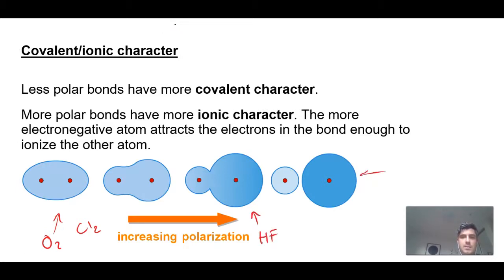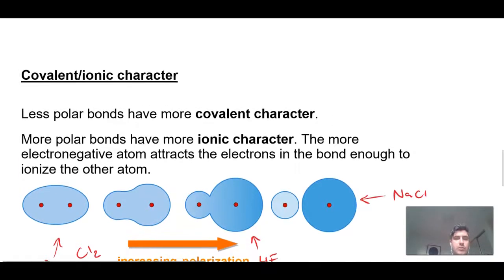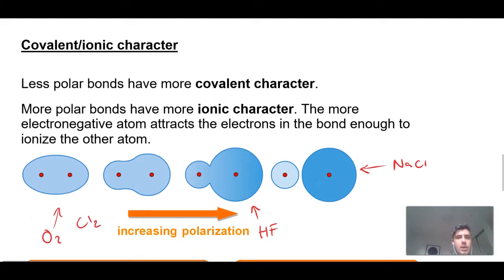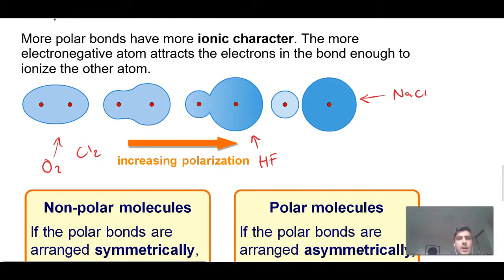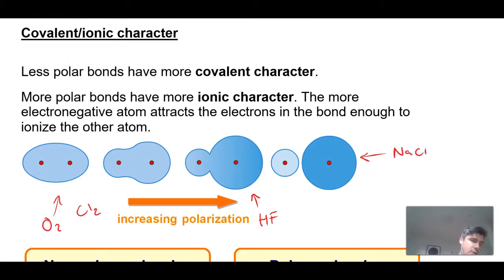And then something which is polar enough to actually ionize itself is something like NaCl, sodium chloride. So covalent character is on a spectrum, it's on a continuum. It can go more or less covalent. And on one end of the side you have covalent, and on the other end you have ionic.